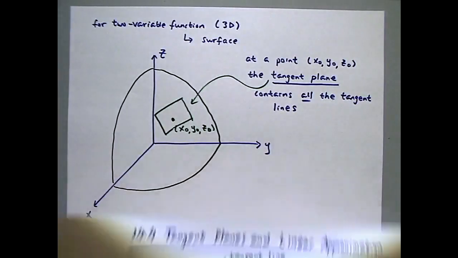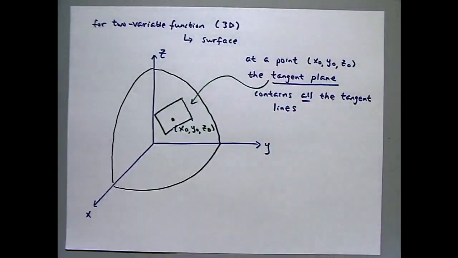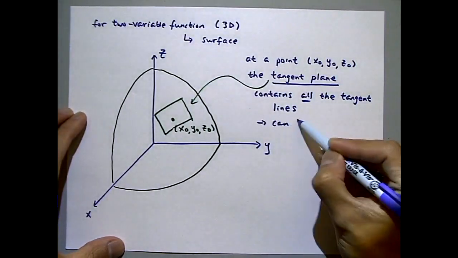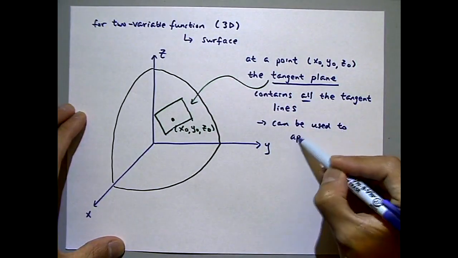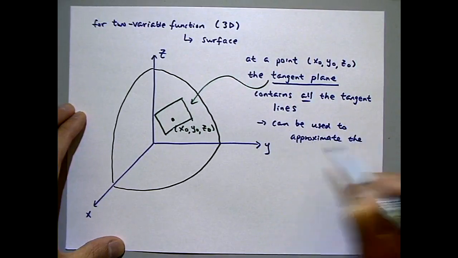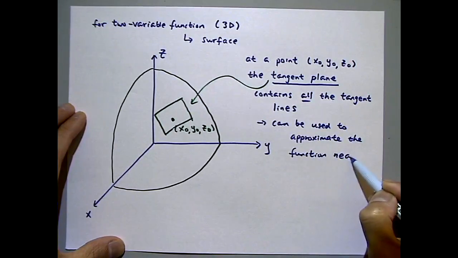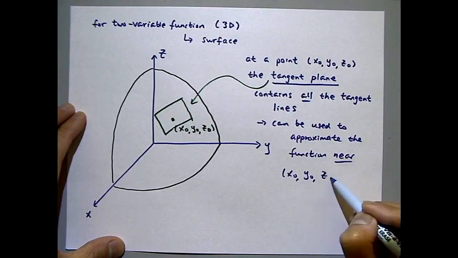So that's the idea here, using the tangent plane the same way we use the tangent line. It can be used to approximate the function near the point x0, y0, z0.